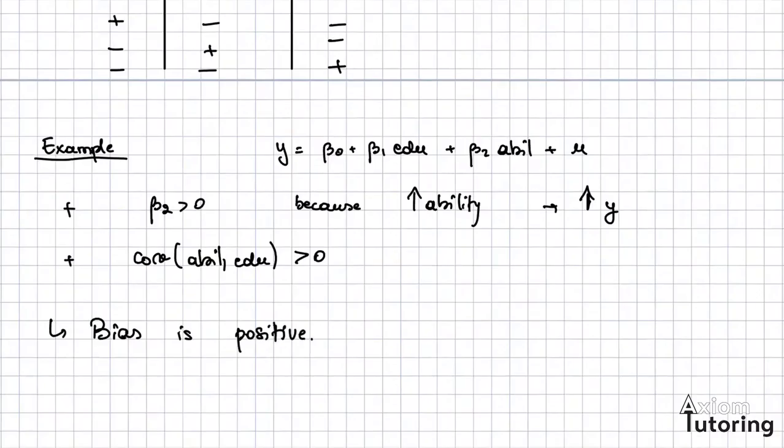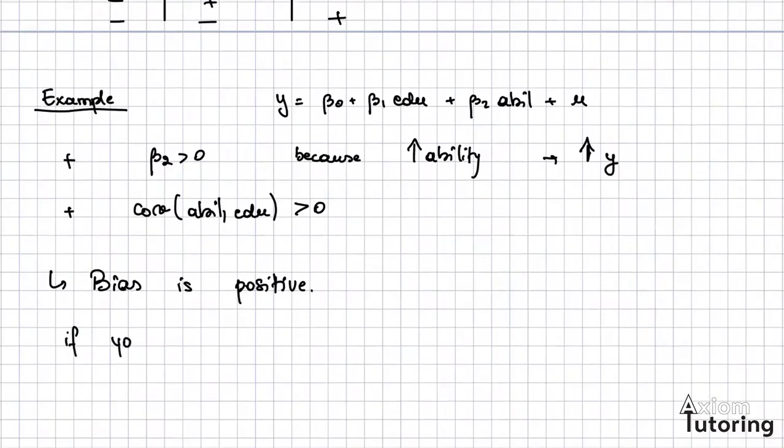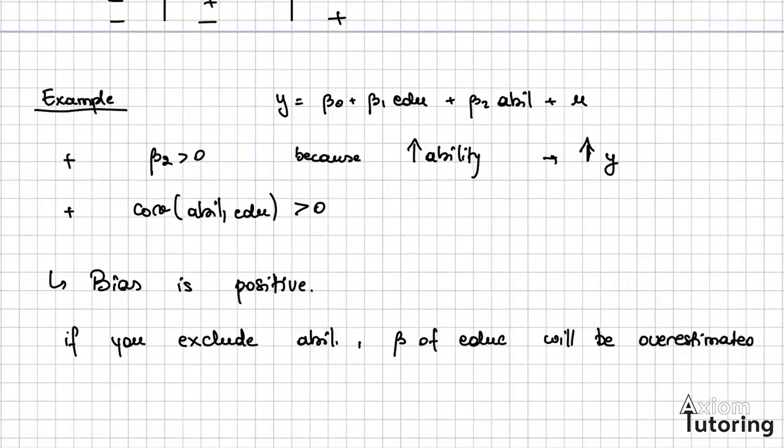So what does that mean for us to have a positive bias? It would mean that if you exclude ability, then the beta of education will be overestimated as a result of this positive bias, okay?